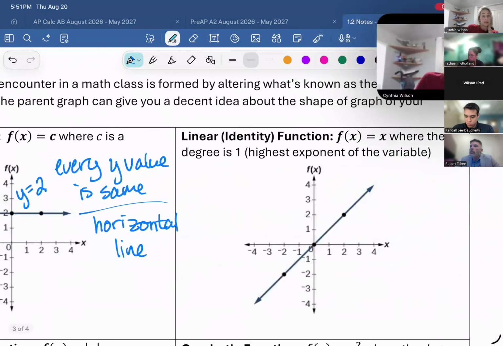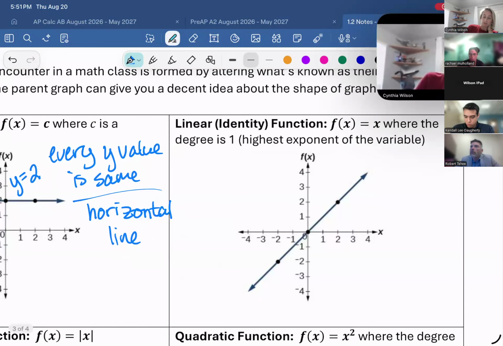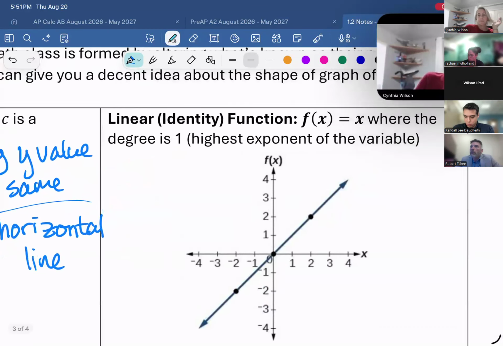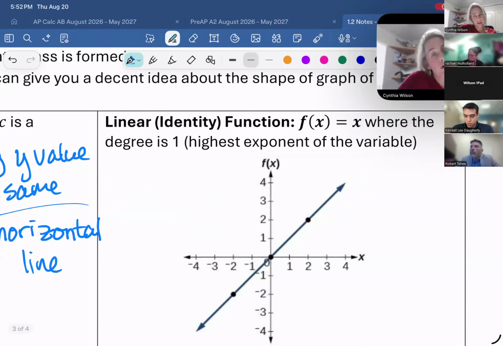Our next one is the linear function. She calls it the identity function, but it's linear. All of our straight lines, with the exception of our constant and our vertical lines, come from this graph. Right.